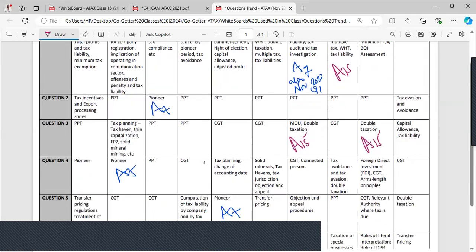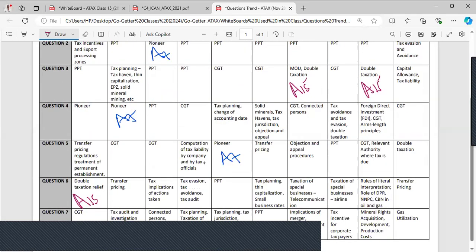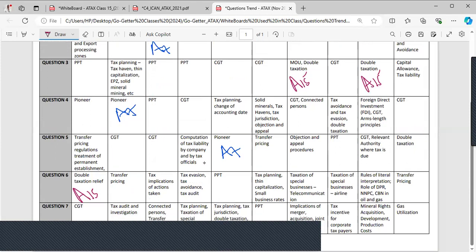These are the places where we can see double taxation, and we need to check more current questions to see where you find that.